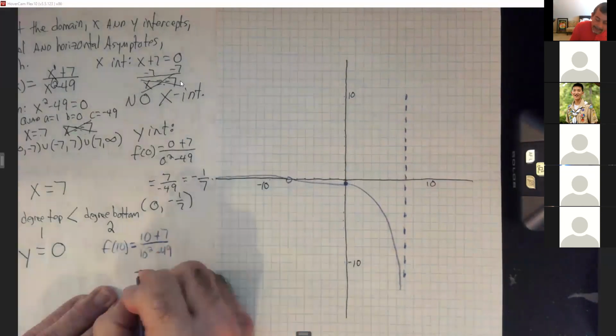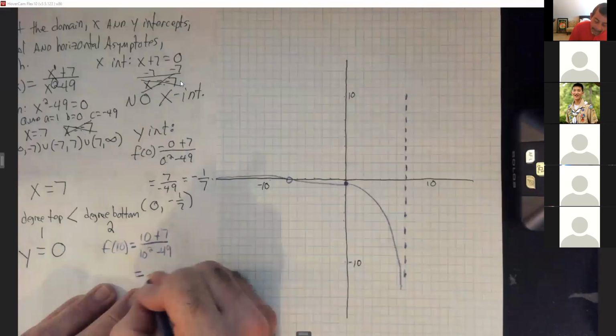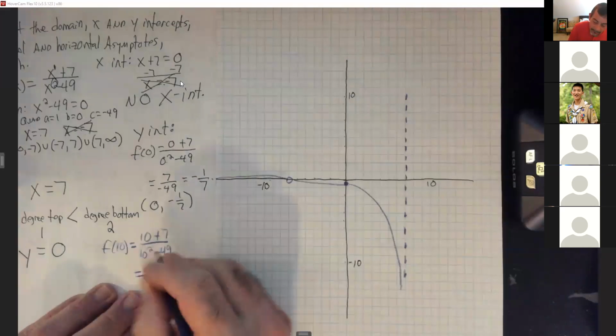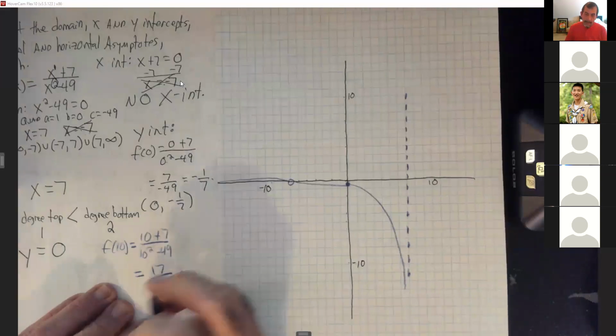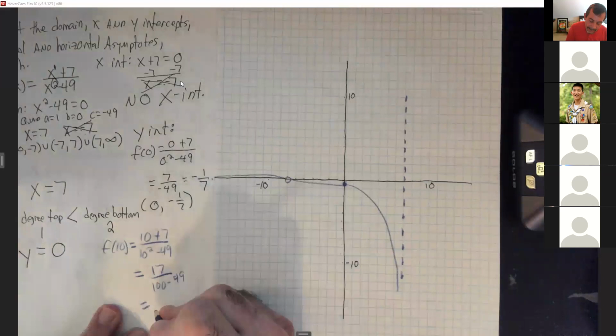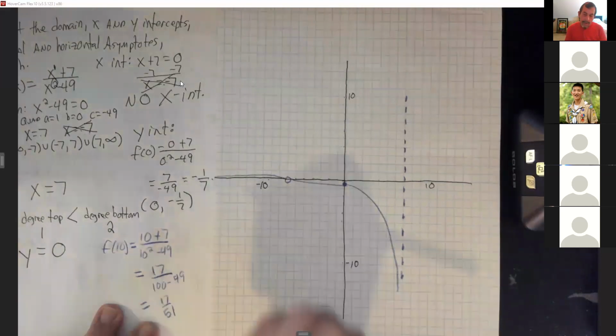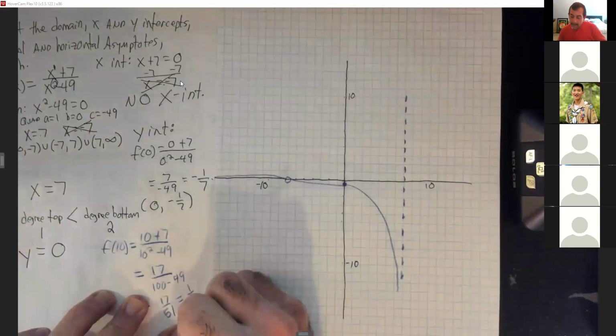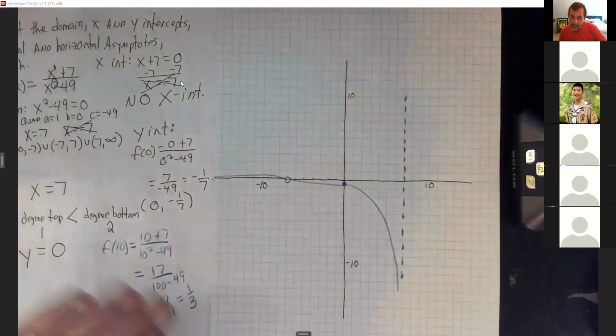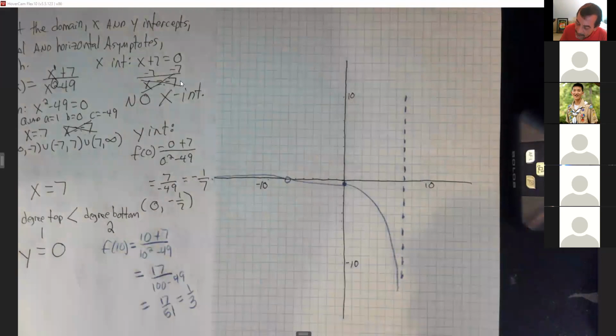So I get a 17 on top. That's what? 100 minus 49. So what's that give me? 17 over 51. Oh, and y'all, that will reduce to a 1/3. But I don't care about the number. I just wanted to see that it was positive.